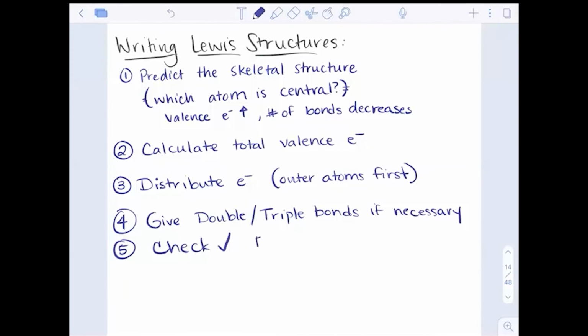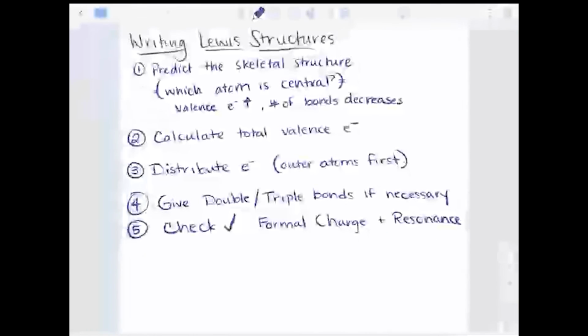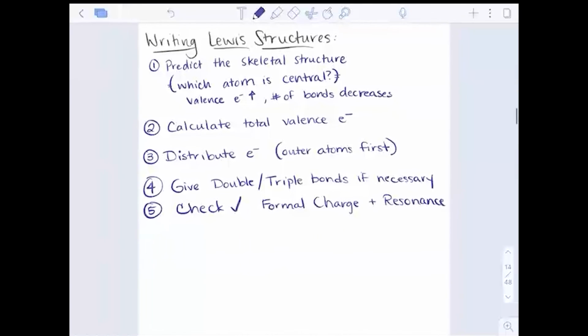We're going to be able to say formal charge here. We'll learn what that is. And resonance. We'll learn what resonance means. We'll start with looking at simple Lewis structures that really only need numbers 1 through 4, and then we'll get into the more strict Lewis structures that require number 5.